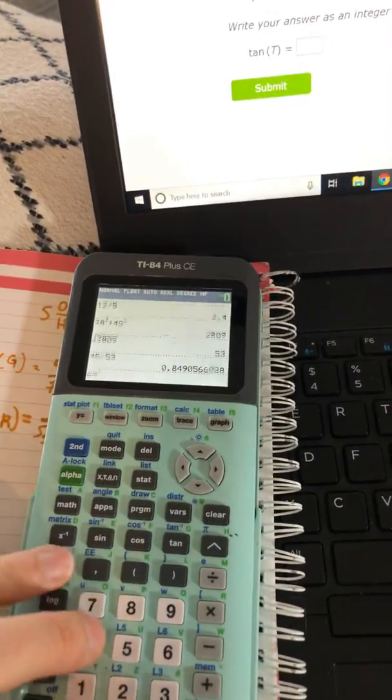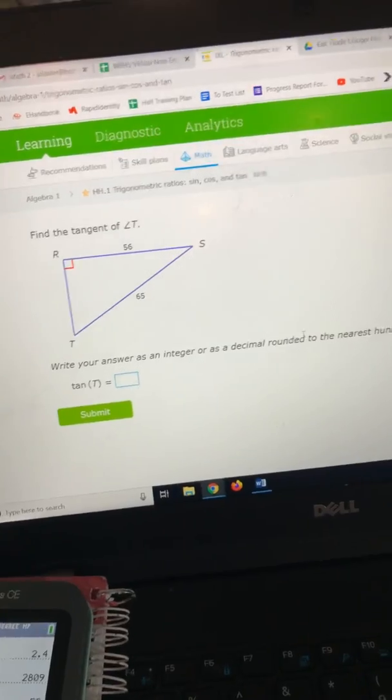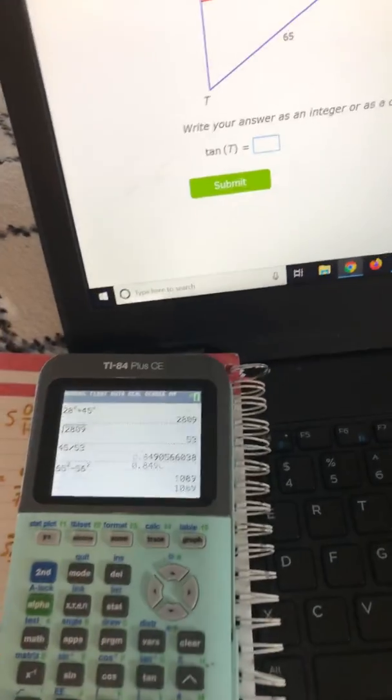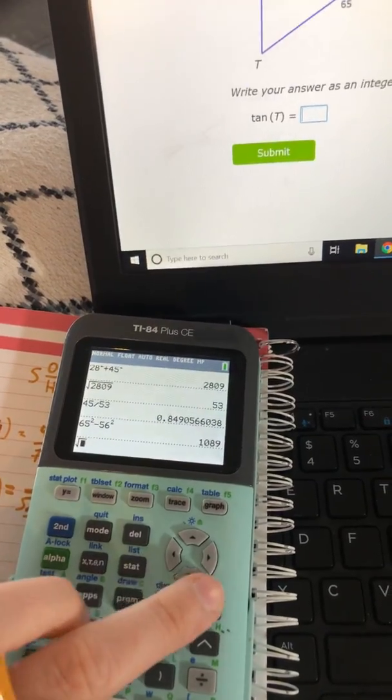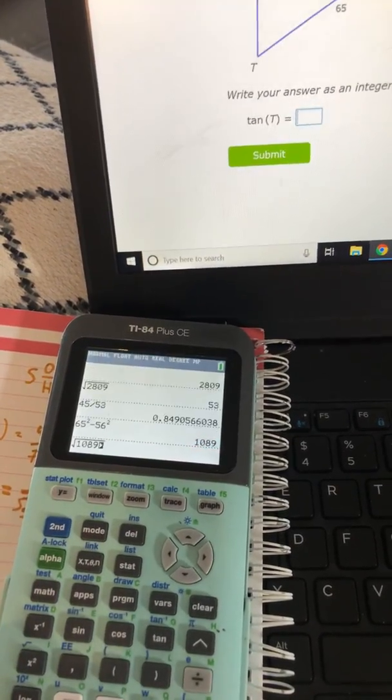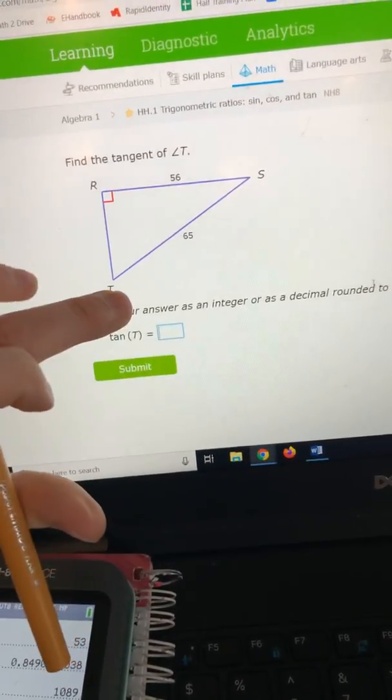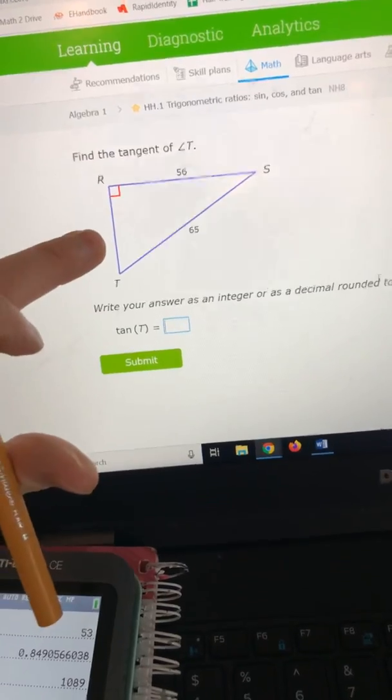So we'll do 65 squared take away 56 squared. And then I'm going to take the square root of that to get 33. So this right here is 33. And for T, that's the adjacent.